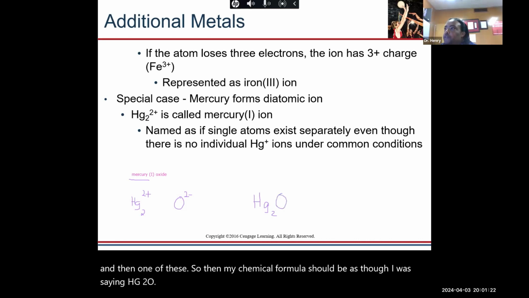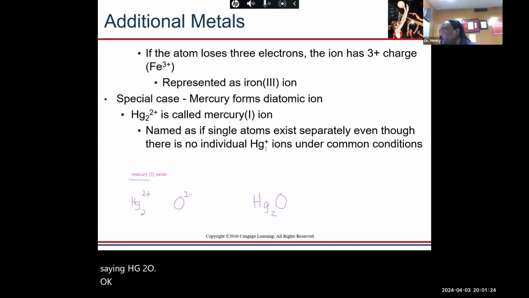Okay. So what if I have mercury 1 phosphide?